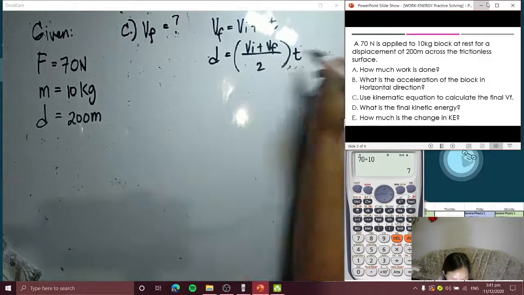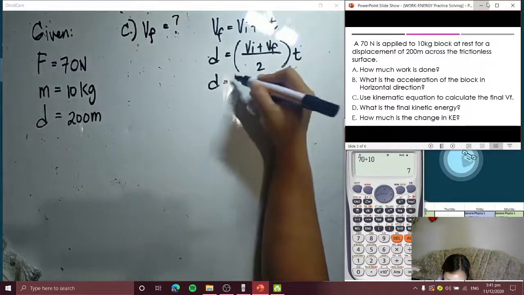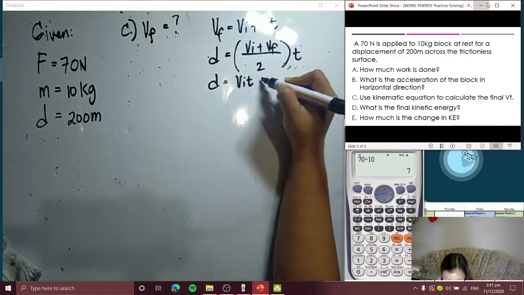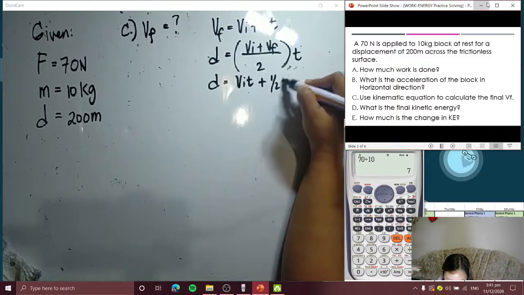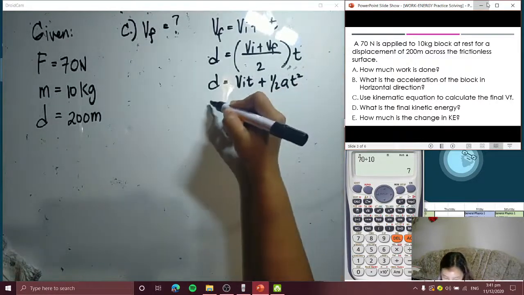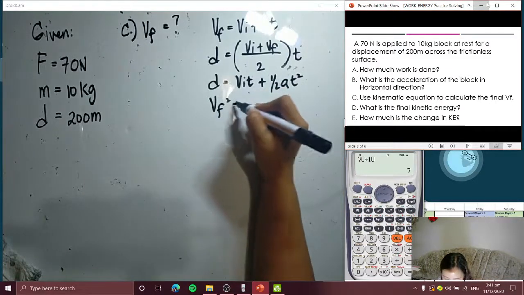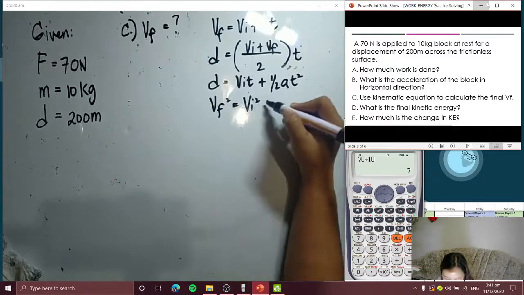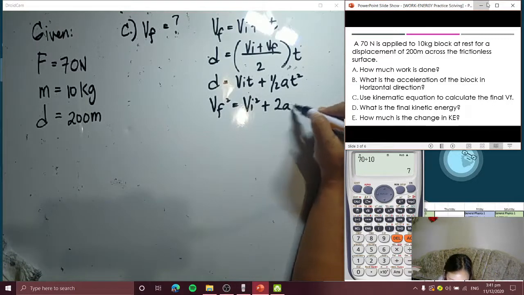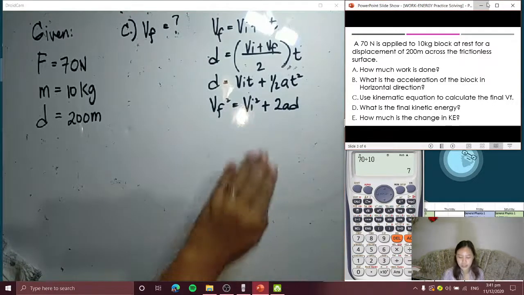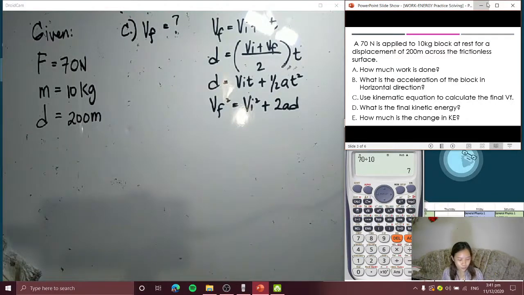Also, d is equal to Vi t plus 1/2 a t squared. And lastly, Vf squared is equal to Vi squared plus 2ad. So, these are the equations that we will use.